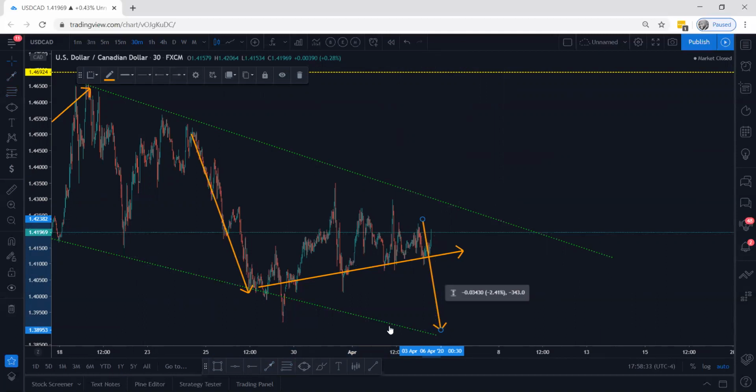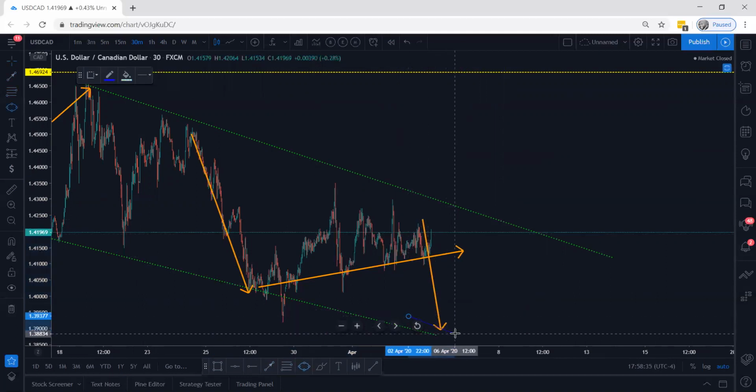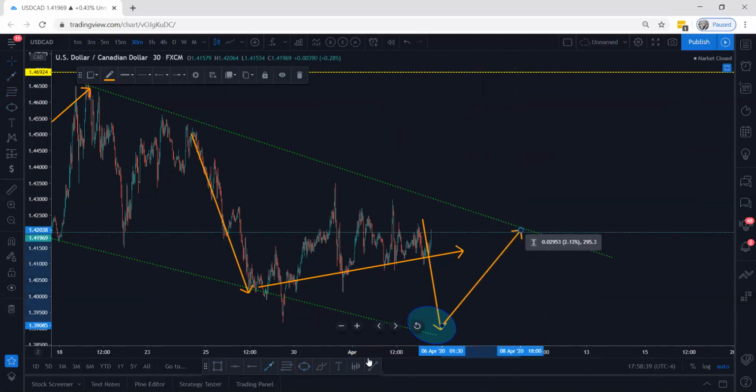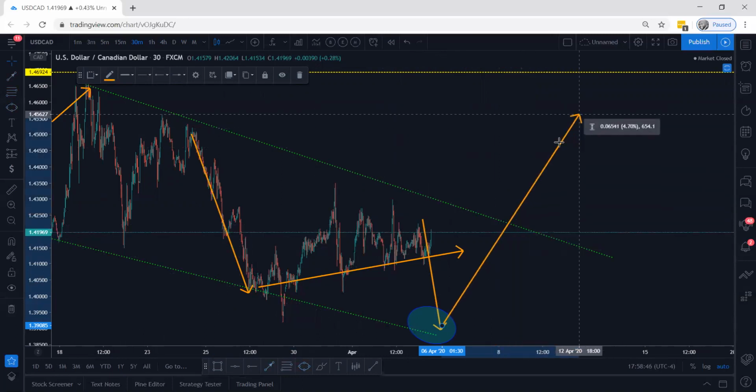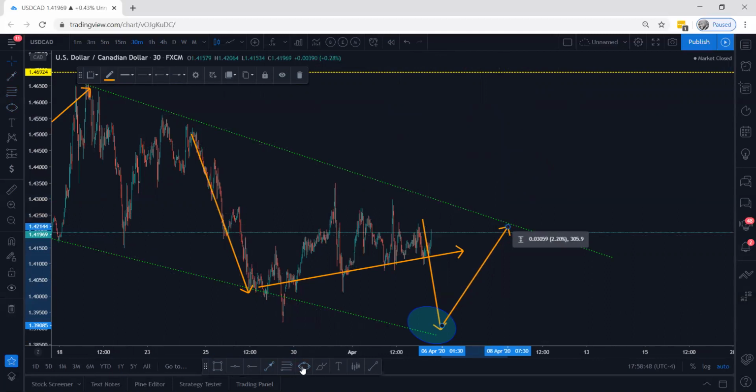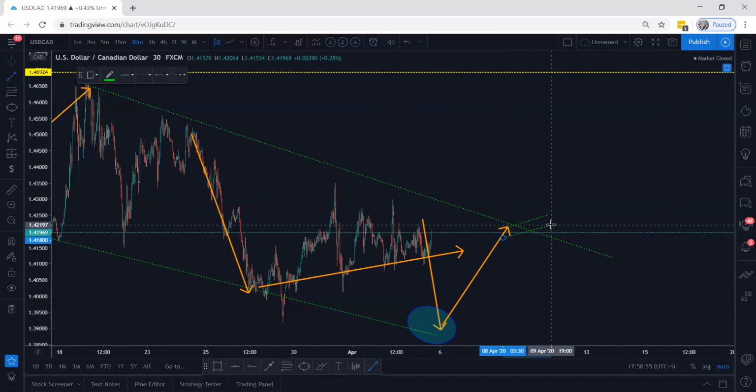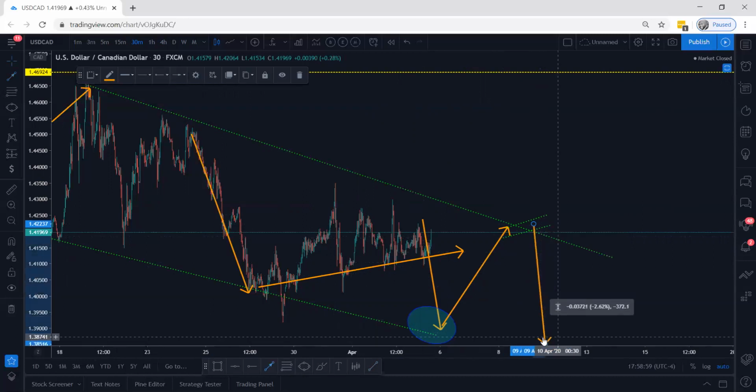I'm going to watch price in this area and buy from there. And I'll watch price here to see if it's going to actually break through that flag and give me my continuation, or if it's going to give me an ascending channel, and sell back down and retest that bottom, and then buy back up.